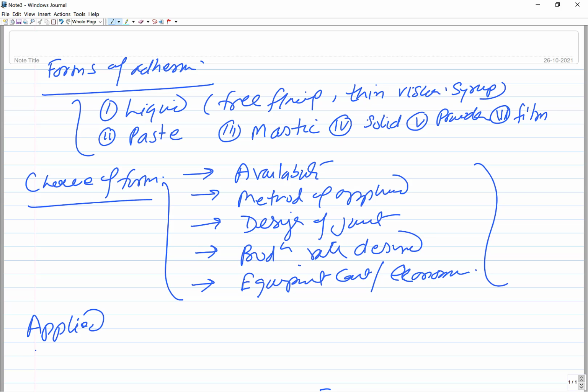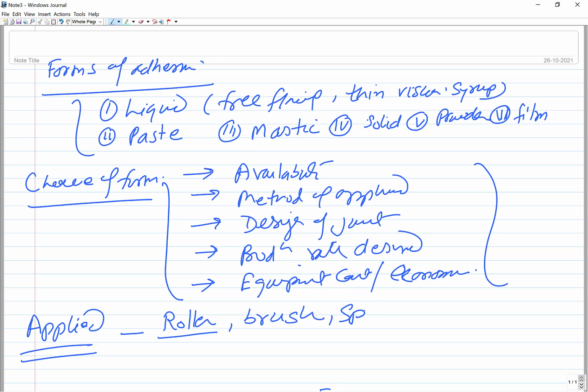Now, how these are applied. Application of the adhesives uses rollers. The roller is just moved over the surface so that the adhesive is spread across the surface and is uniform. Then there is application of the adhesive with the help of brushes.